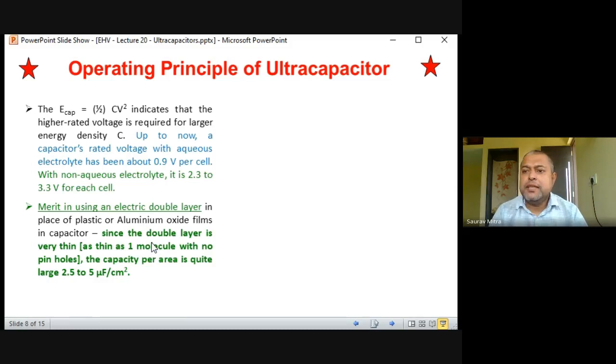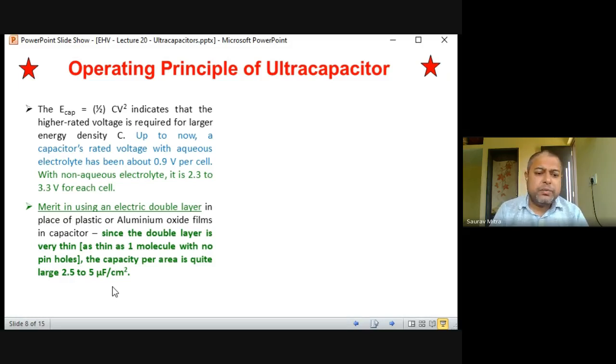Still we are in the construction of the ultracapacitor. It says that since the double layer is very thin, as thin as one molecule with no pinholes, there should not be any pinhole, because pinholes create a short circuit. So the capacity per area is quite large, 2.5 to 5 microfarad per centimeter square.